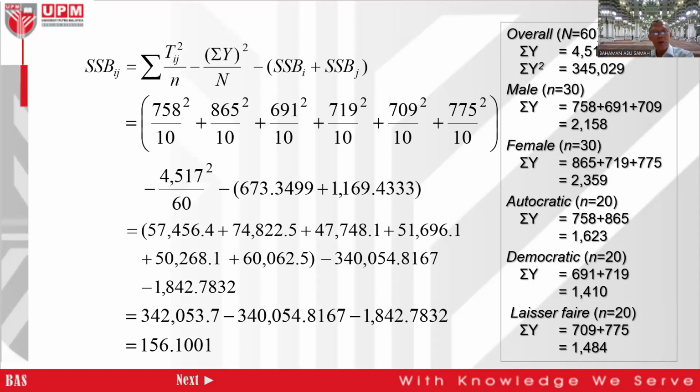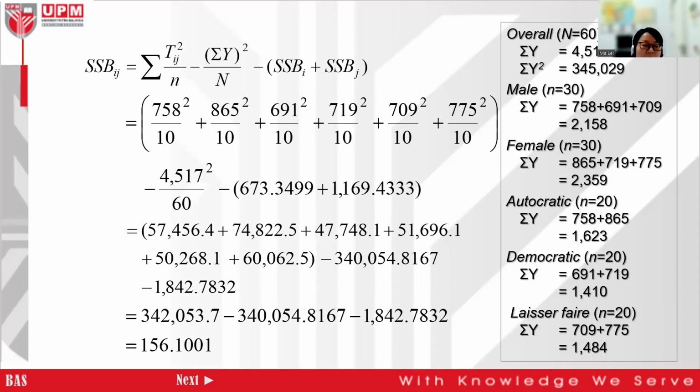And is there any additional sum square that we need to calculate? We have done sum square total, sum square for gender, sum square for leadership style, sum square for interaction, and what else? Sum square within.